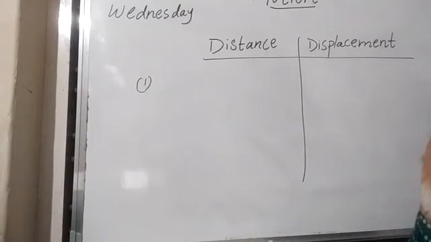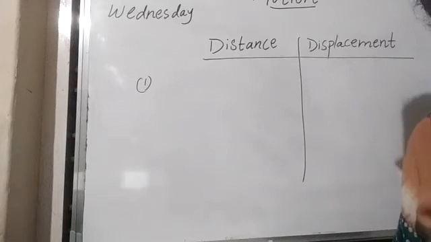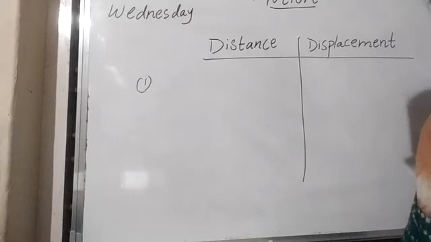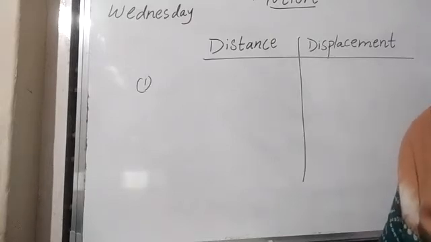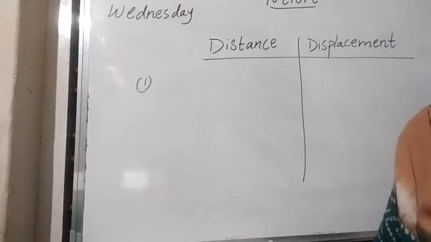Now, in our previous session, you noticed that distance cannot be zero, isn't it? If we start from a point and even if we reach the same position, the total distance traveled is the sum of the lengths of the path covered.